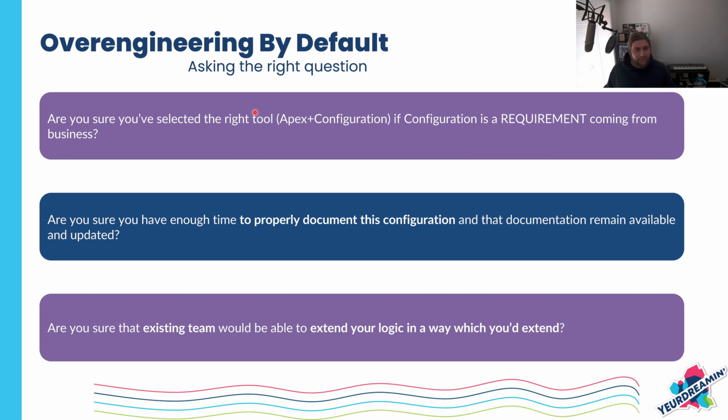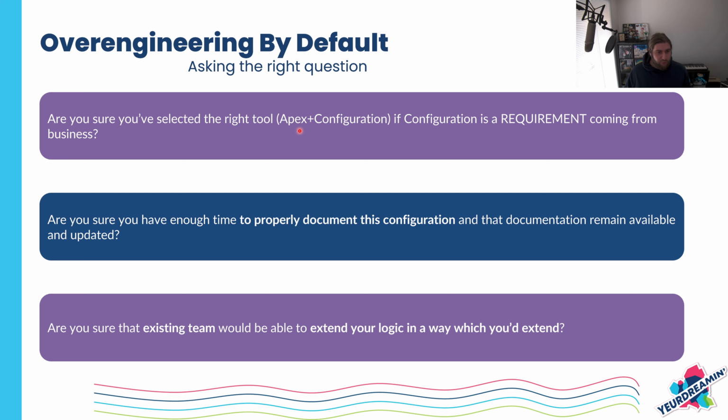Do you sacrifice time in documentation, in reading how-to articles, in ensuring that people who are going to maintain the solution actually know what to do? Are you sure that if configuration is something business actually asks for, they want to change this business logic, they see that it would change? Are you sure that Apex and some custom metadata is the way to go? There are no other options? They cannot really simplify some of their flows, so you can use standard Salesforce for it, or flows or whatever from point and click.